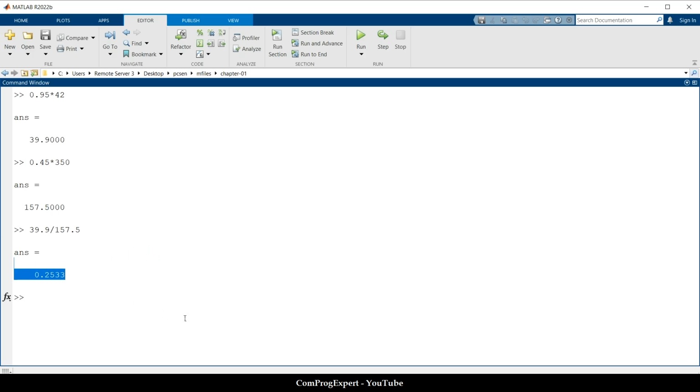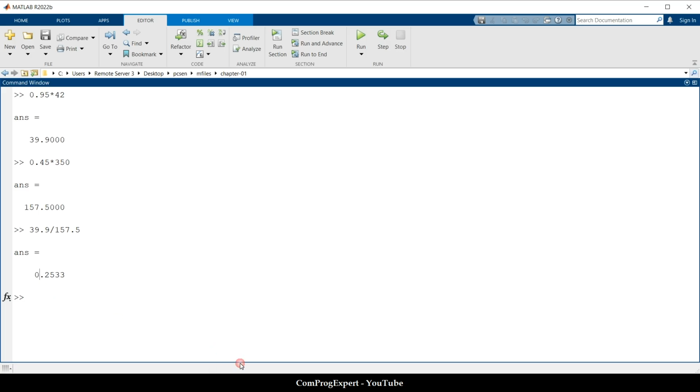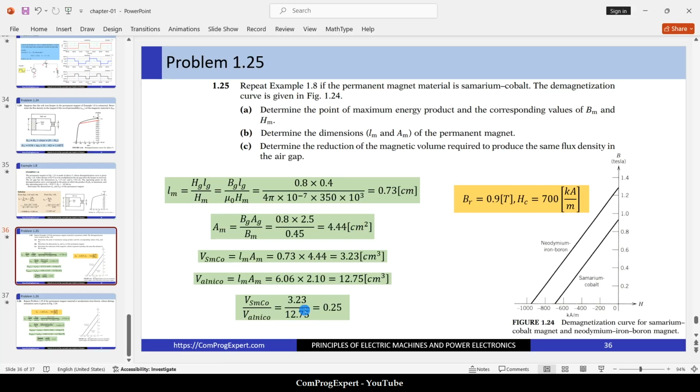As you can see, the ratio is the same, the ratio of energy products and volumes. So yes, this is the important point of this problem. And we calculated the amount of the reduction in the volume.